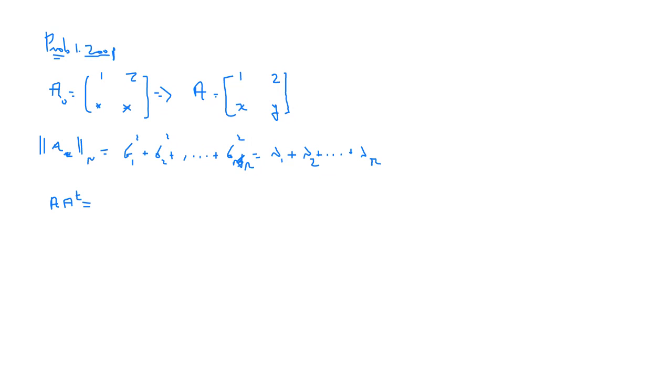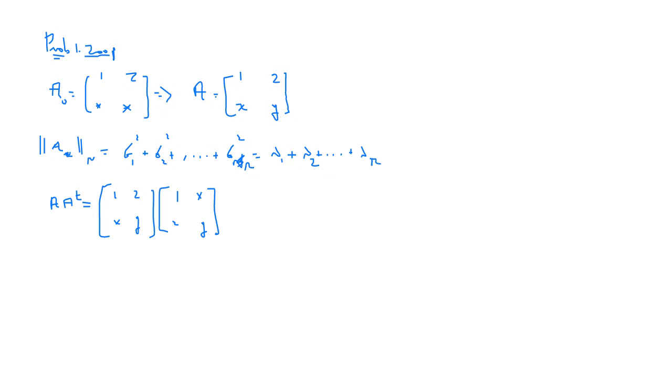Here, if you do the math, AAT would give you how much, guys? Let's do it together. So suppose you're placing A transpose here. So you're doing 1, 2, x, y multiplied by 1, 2, x, y. Am I right?